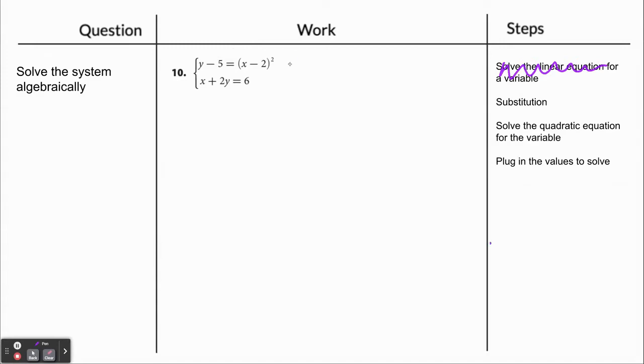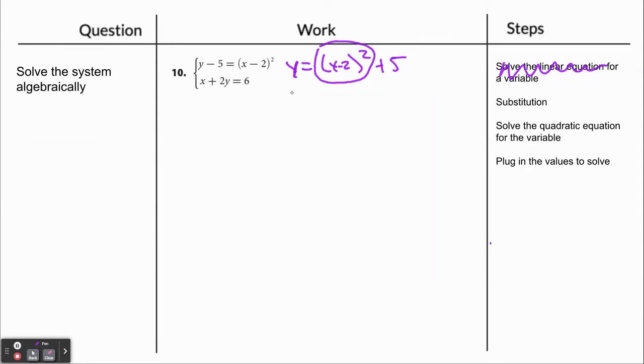So first of all, I'm going to add 5 to both sides to get y minus 5 equals x minus 2 squared. Now, the next thing I'm going to do is expand this. I'm going to use the exponent to give me my quadratic not in vertex form. This would be nice and easy if we were graphing, but algebraically, I'm going to expand this.